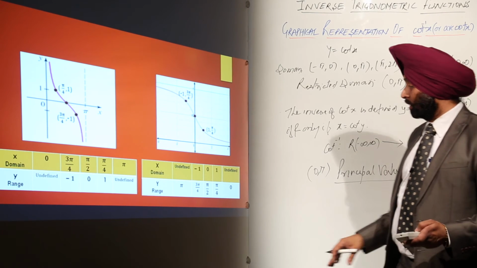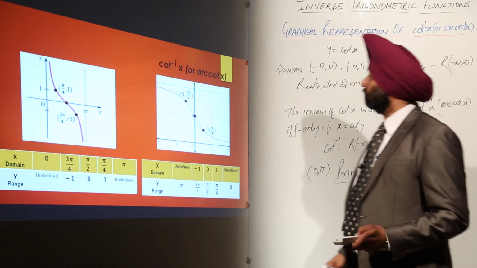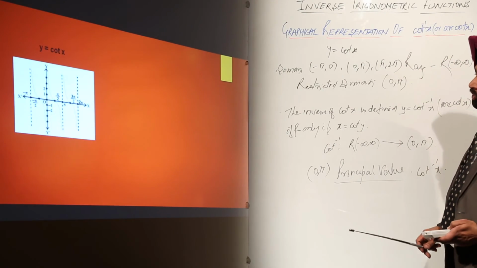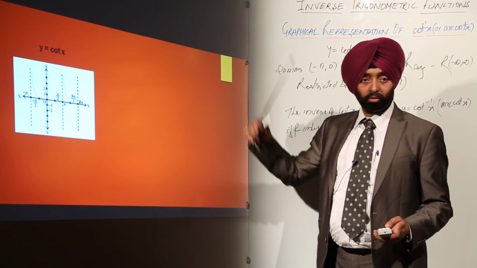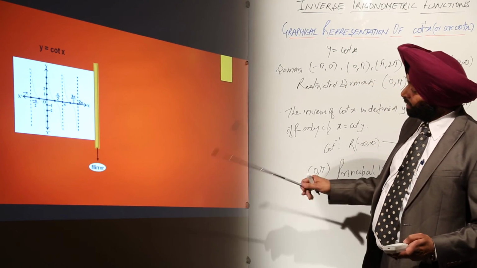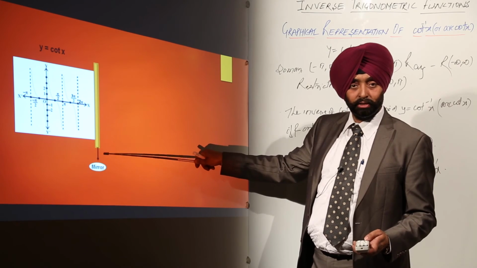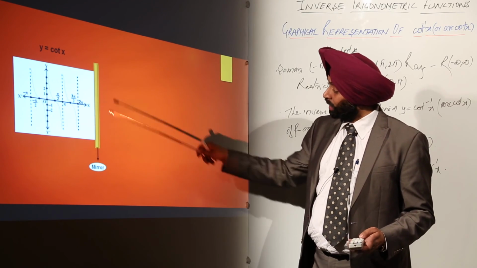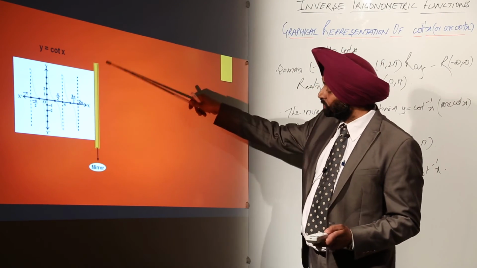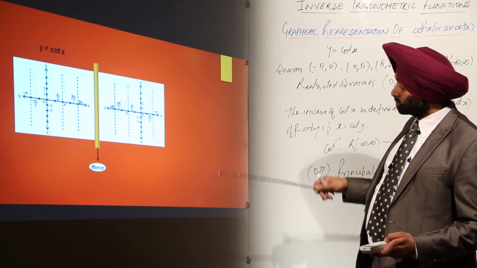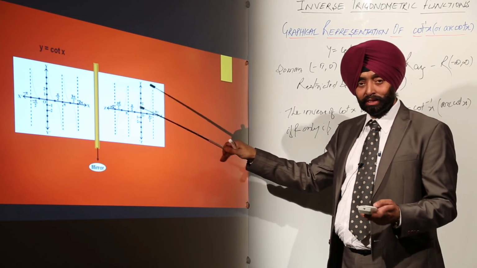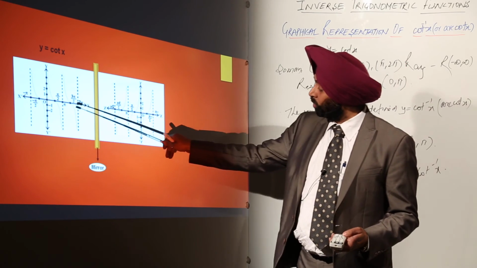Now let's check one more thing. That was for the mirror image. Here we have cot x, and this is the mirror; earlier it was y is equal to x. You can see it is exactly the mirror image of this part.